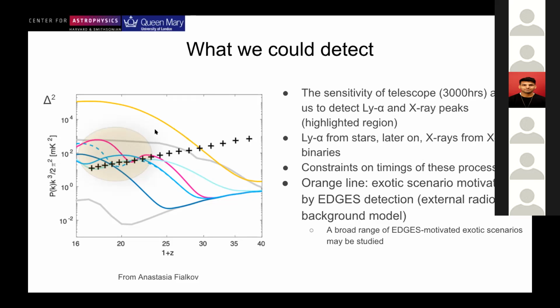The orange line is an exotic scenario that was motivated by the EDGES detection. There are lots more of these, but it's also going above our sensitivity levels, so we'll be able to detect some of these. So a broad range of these EDGES models could be studied at this level.